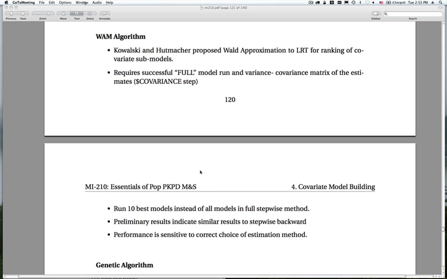By using that and the analytical approximation used in the Wald approximation method, you can rank the 10 or 15 best models that are subsets of the full model with respect to this likelihood ratio test. And so then just run those 10 or 15 models rather than the full stepwise approach to confirm which one is the best predictor of the current data set.